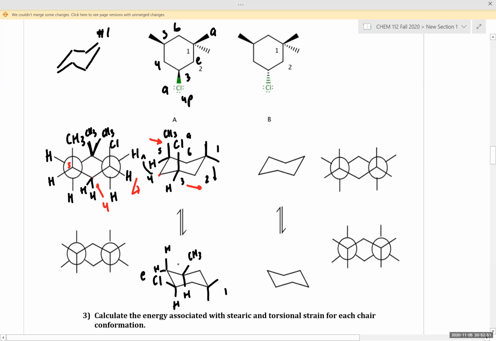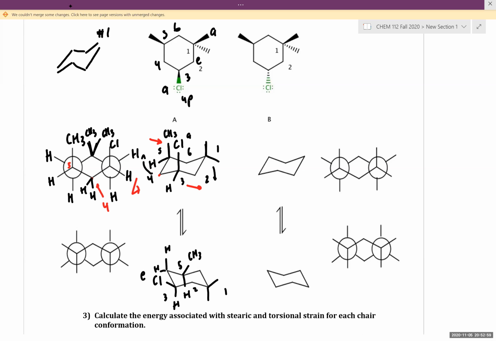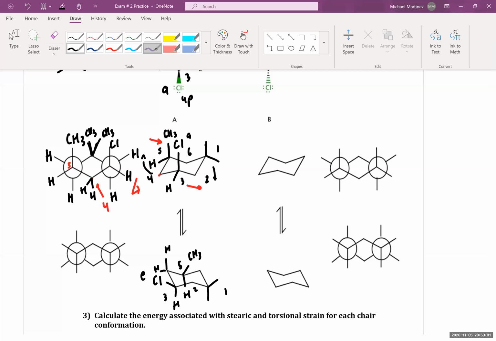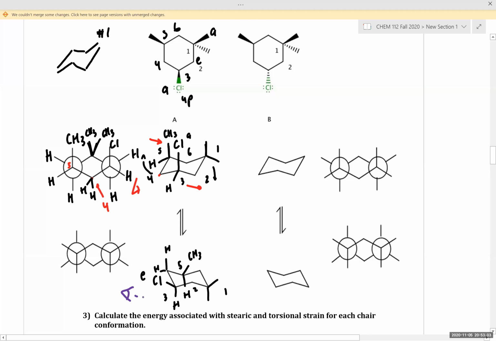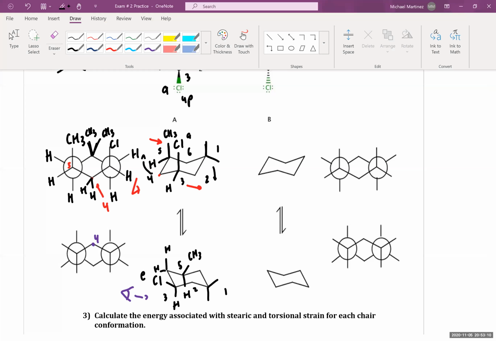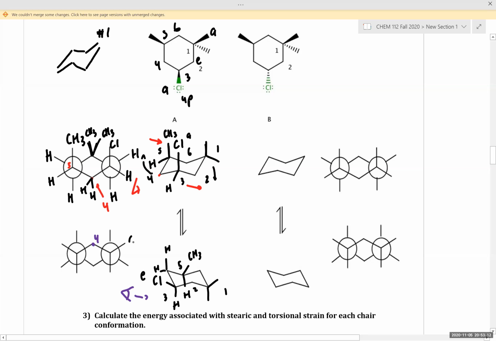Okay, so now looking down the same bond, so looking down the carbon 2 and carbon 3 bond and the carbon 5 and carbon 6 bond, we see carbon 4 is right here. So our chloride this time is equatorial.